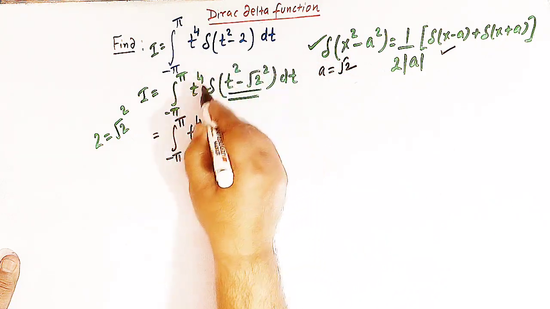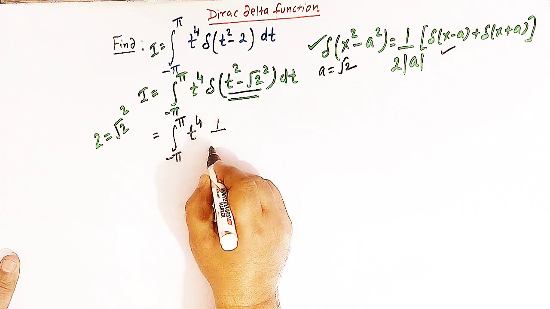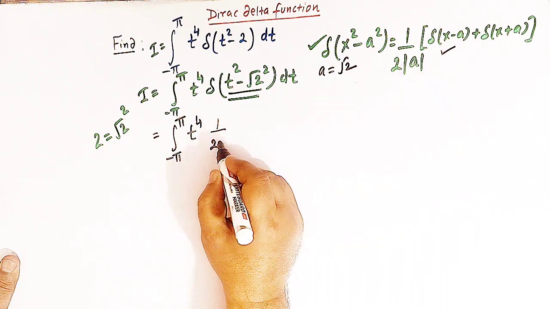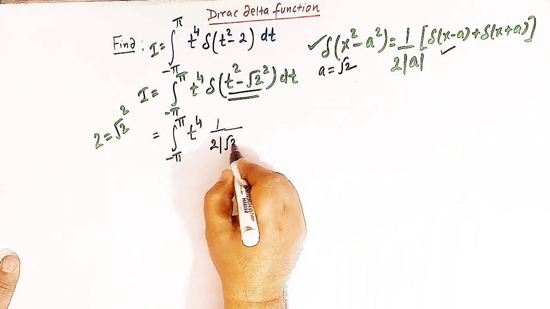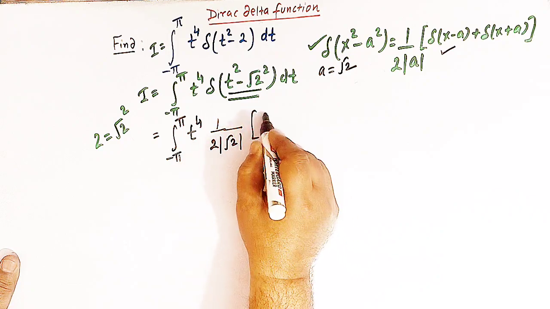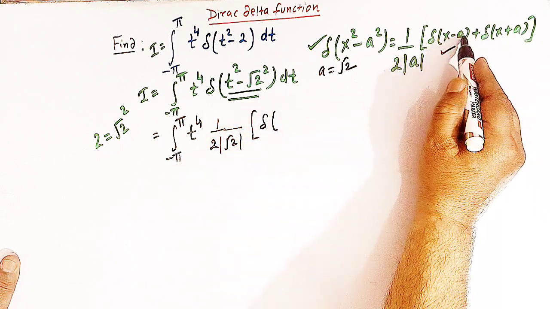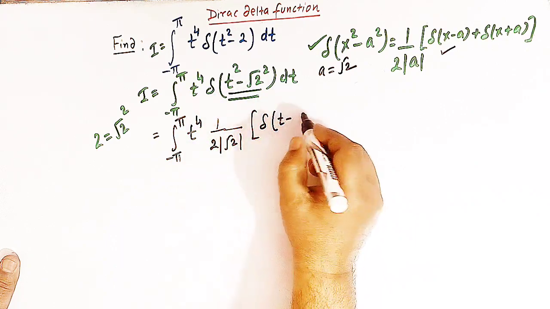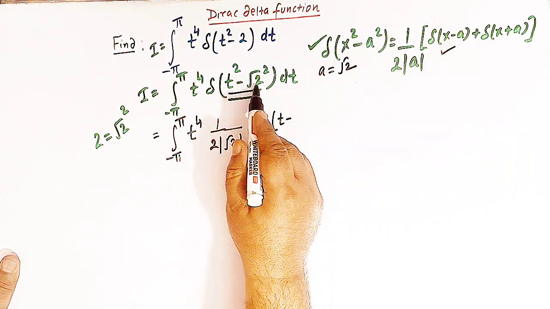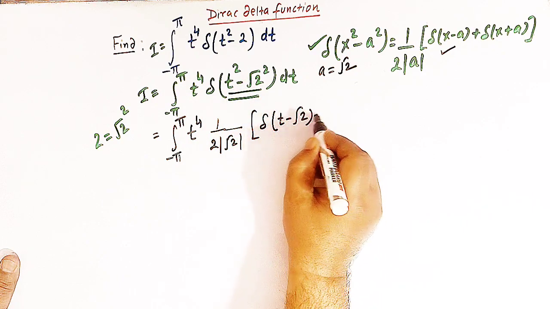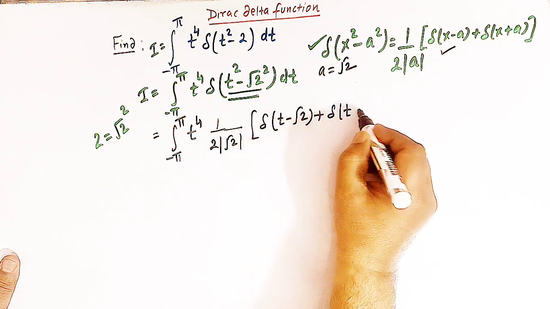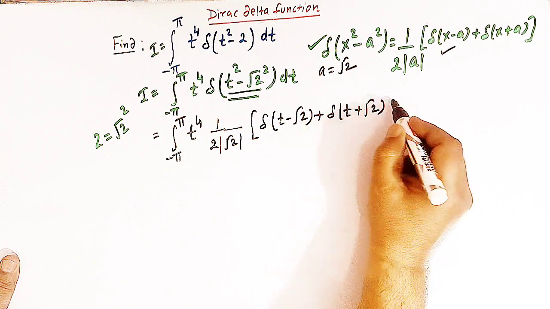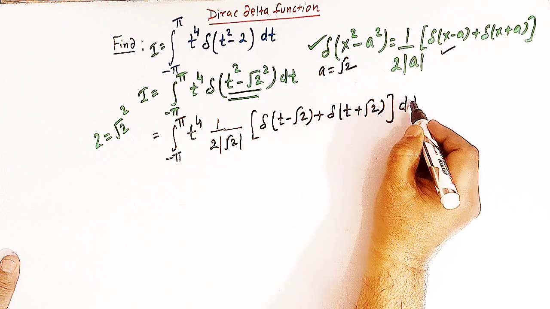So now this delta function is equal to 1 over 2 times the absolute value of square root of 2, and then we have delta of x minus a. So here the variable is t, so we can write t minus a. A is square root of 2, then we have delta of t plus square root of 2, right? And here we have dt.